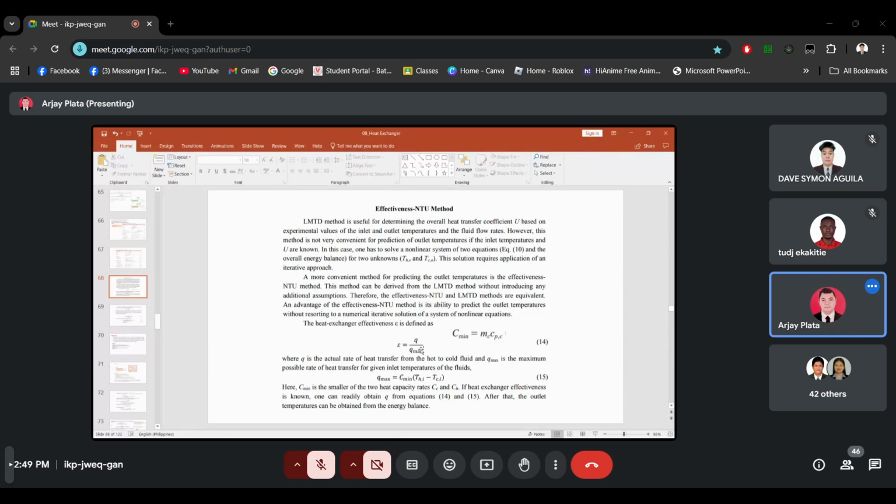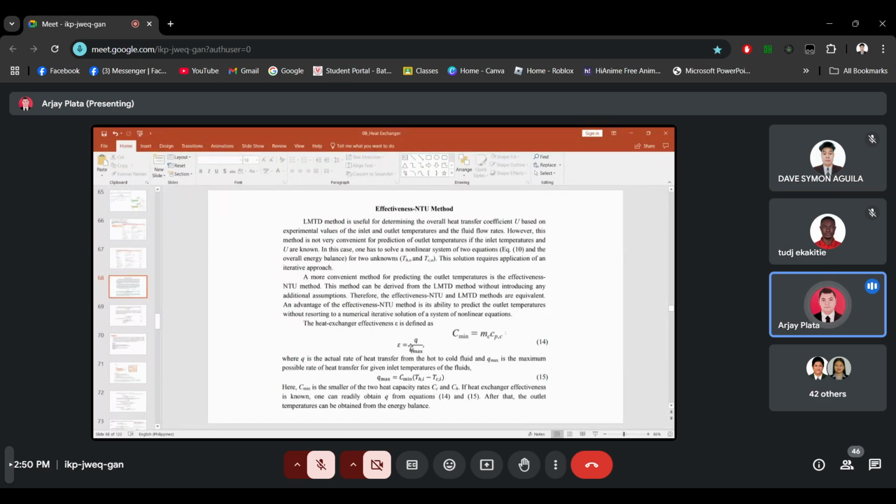In later discussions, you will find out that the method for solving effectiveness NTU and LMTD is almost the same. There will be just an additional parameter.